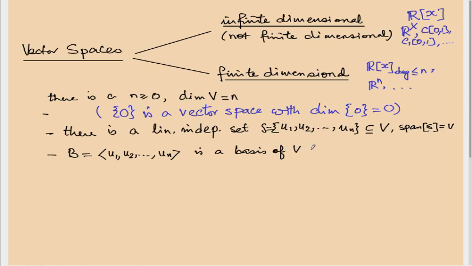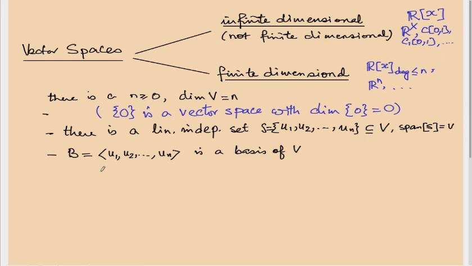From this I can construct a basis. Remember, basis is not just a set of linearly independent vectors, but along with it, there is a notion of an orientation. In what sense? I'm saying u1 is the first vector of the basis, u2 is the second vector of the basis, and so on.